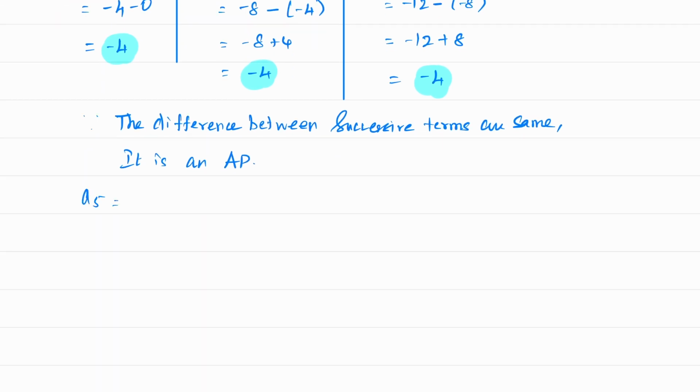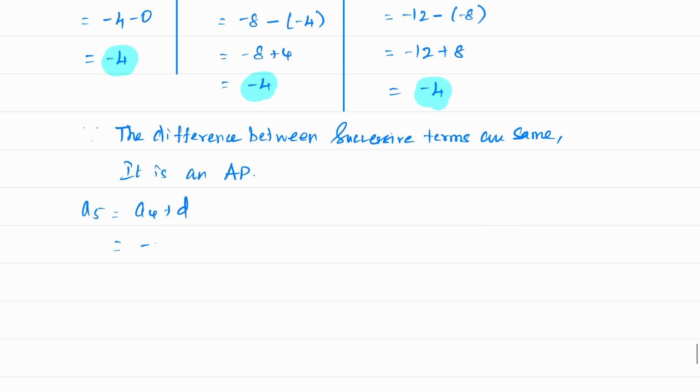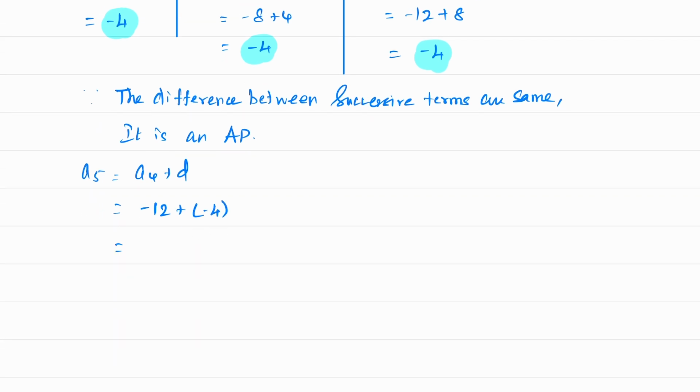A5 equals A4 plus D, and what is A4? A4 is -12, -12 plus -4, which is the common difference. So this is equal to -16.